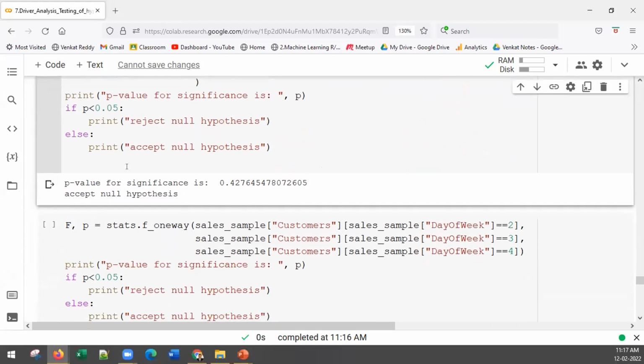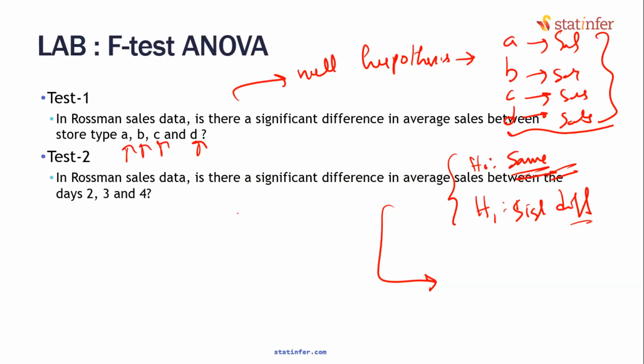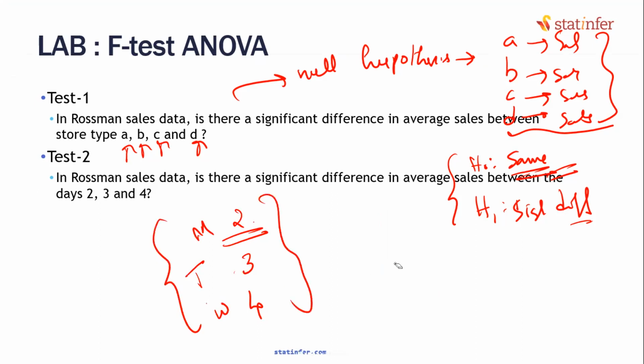Or let's say it is day of the week, 2, 3, 4. Let's say day 2 means Monday, day 3 means Tuesday, day 4 is Wednesday. Is there any difference between these 3 days, or is the sales the same?